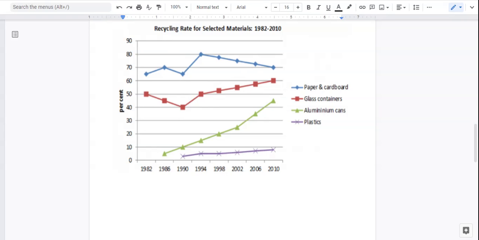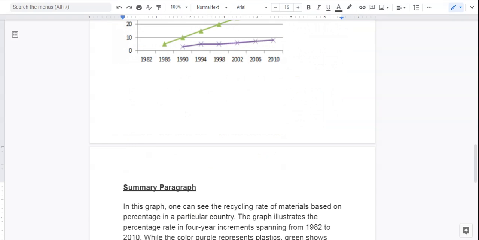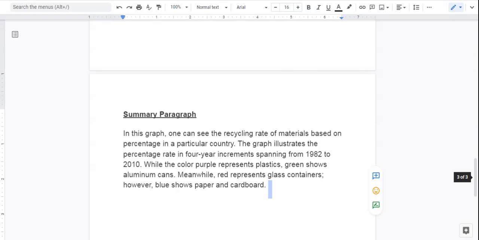So we could talk about, based on ordering, that the paper and cardboard represented the most recycled materials, while the plastics represented the lowest. So that's something I want to bring up. Blue shows paper and cardboard.